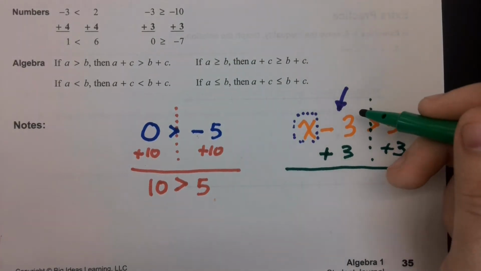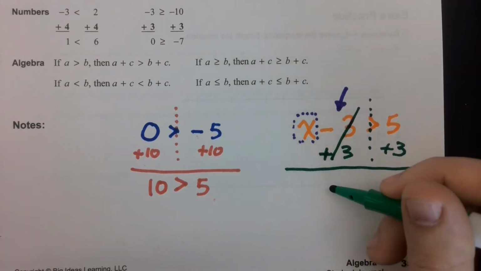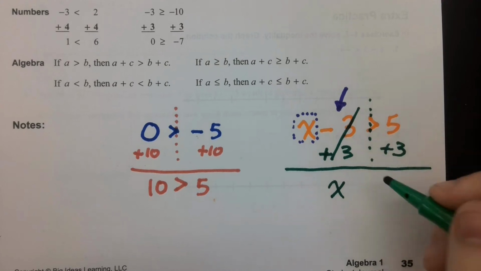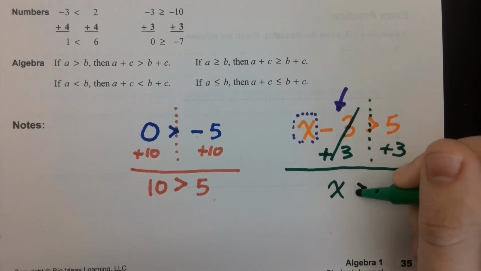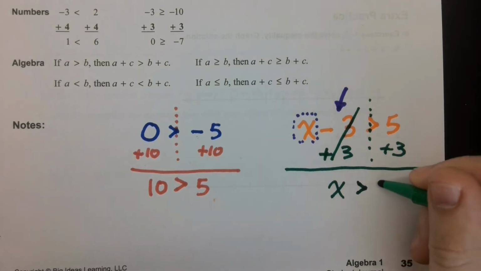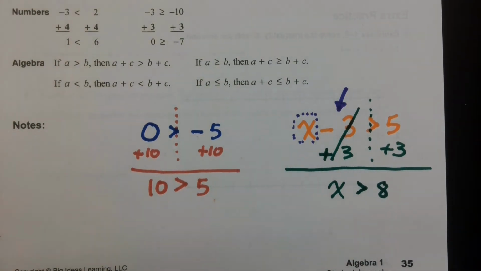Well, they cancel out. It gives us 0. That's the reason why we chose 3, because it'll cancel it out, giving us x all alone. We keep the inequality symbol the exact same. Then 5 plus 3 will give us 8. So our solution to the inequality is x is greater than 8.